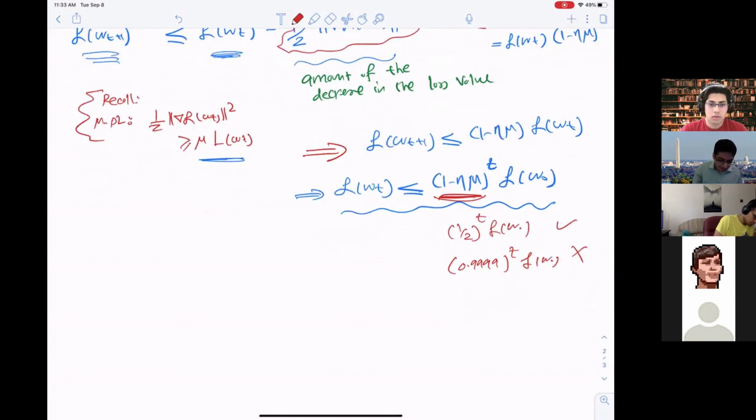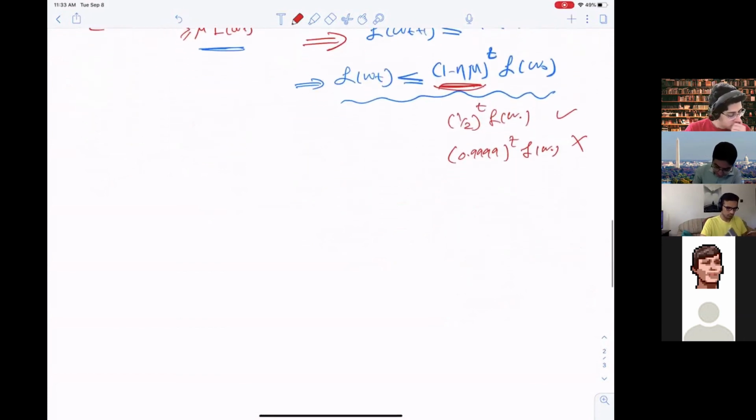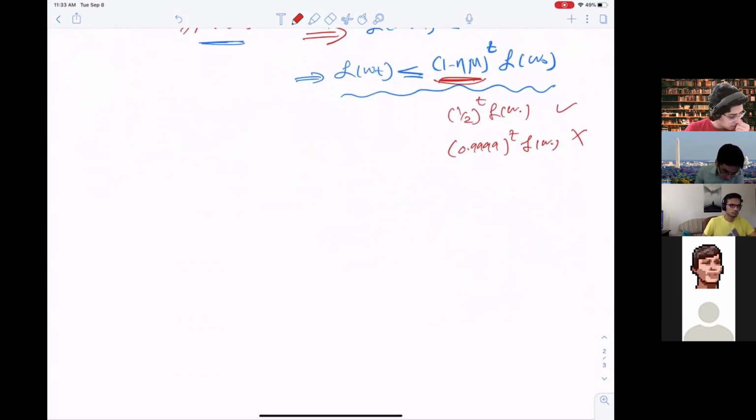All right, so that's basically the idea behind the convergence of gradient descent under the PL condition. But here we have a technical caveat, something that I didn't mention. The technical caveat is that we are assuming that we have a ball.